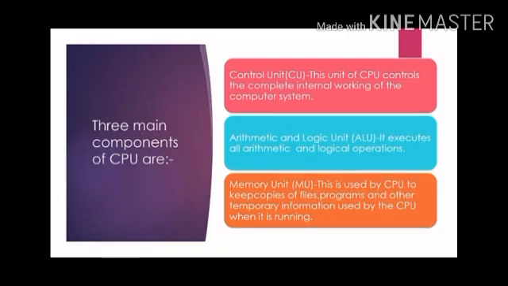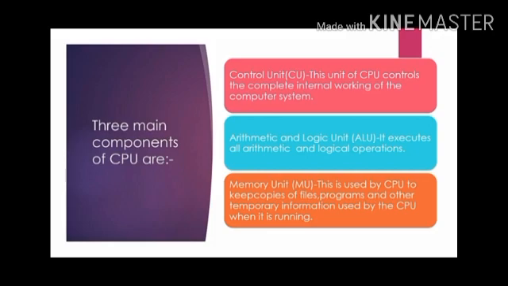Now the computer has three main parts: control unit, arithmetic logic unit, which is also known as ALU, and then memory unit. So arithmetic logic unit, that is ALU, performs all the arithmetic calculations such as addition, subtraction, multiplication and division.